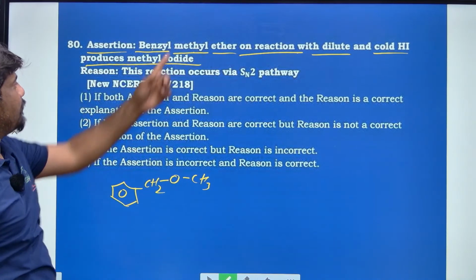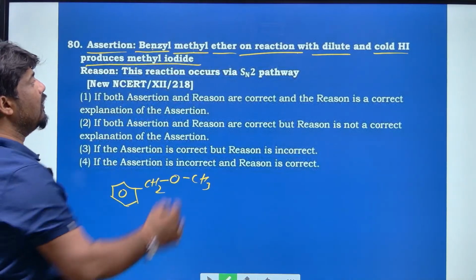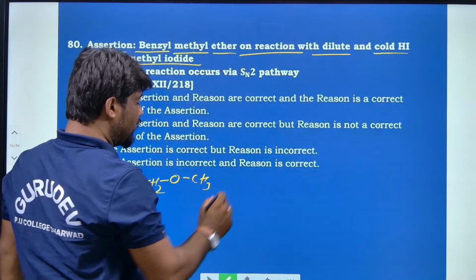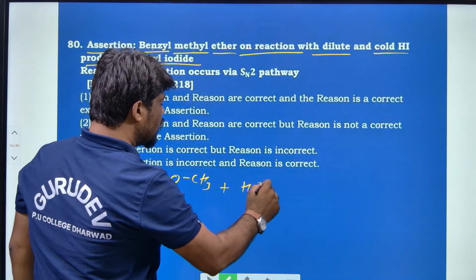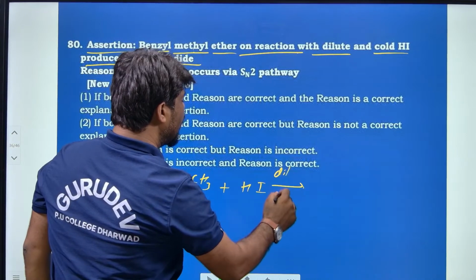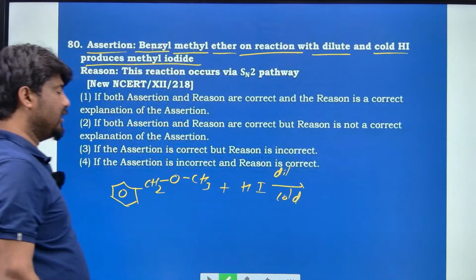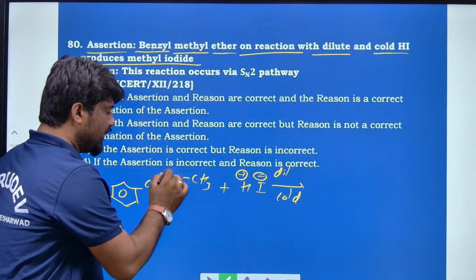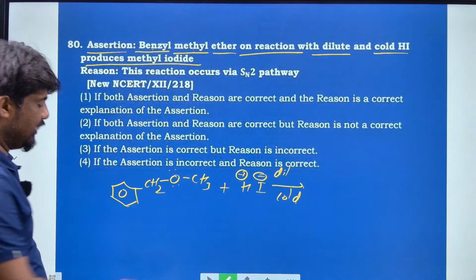This is the structure of the benzoyl methyl ether. When this is treated with the dilute and cold hydrogen iodide, we know that hydrogen is always positive charge and iodine is always negative charge, and in ether oxygen contains a lone pair of electrons.